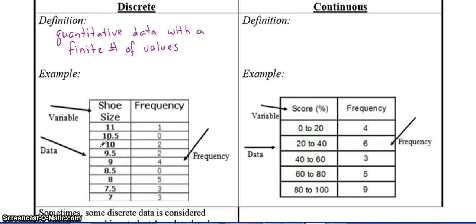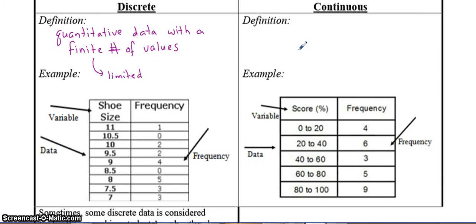You can't be a size 9.25 or 10.3 or things like that. You can't be size 20. You can't be size -2. There's only a certain number of values that you can have. Now, finite means that you are limited to the number of values. So finite means limited.